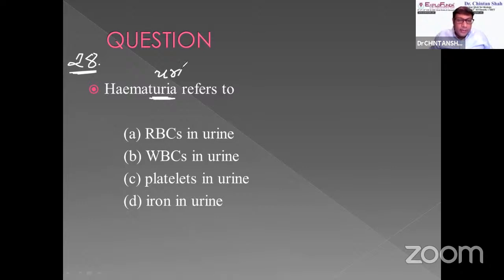Okay, then hemat means what? It is about blood. So blood. Okay, blood is not given. Okay, then RBC, because the maximum amount of RBC is there in the blood. Okay, and that's why 28th A. And I hope you will be able to understand this. It's very easy, but yeah, you can judge about it.